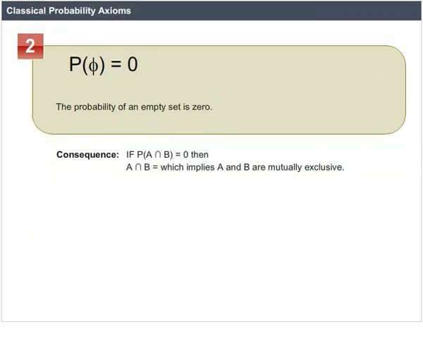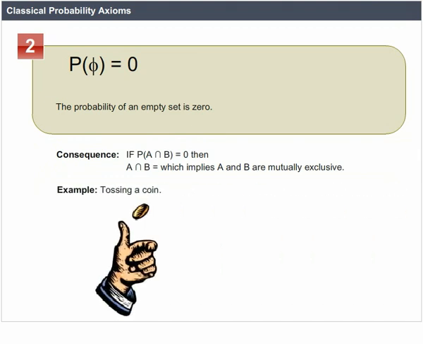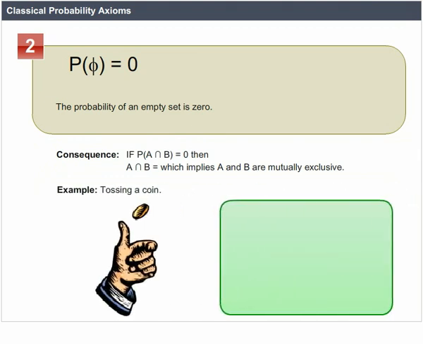Consequence: if P(A intersection B) equals 0, then A intersection B is empty, which implies A and B are mutually exclusive. Example, tossing a coin: P(A intersection B) equals P(A) times P(B), which is 1/2 times 1/2 equals 1/4.